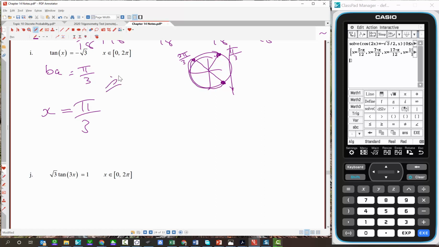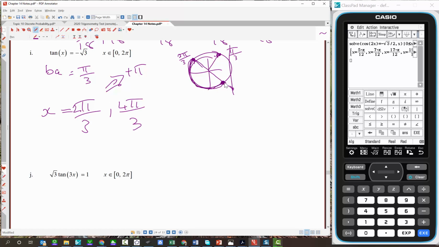Now notice that this time around, what we're going to do is add pi to tan because that's the period of tan. So we're going to add pi, and then we get to this point here. So that's at 4 pi on 3. I've made that mistake again with the base angle. That one should be 2 pi on 3 because that gives us the negative version.